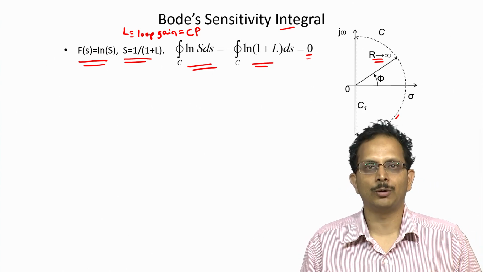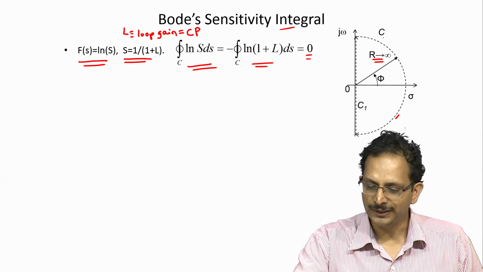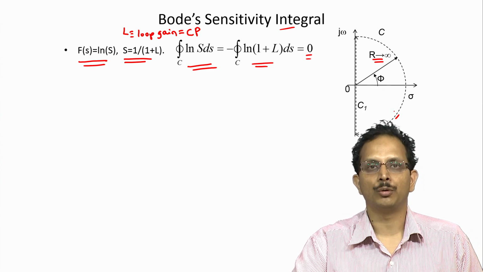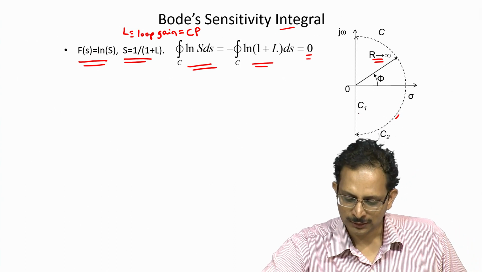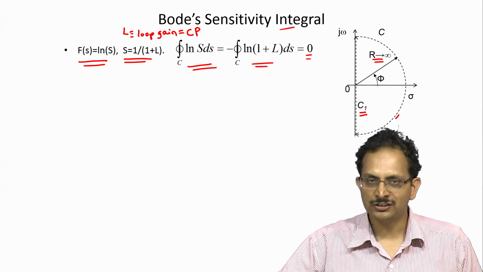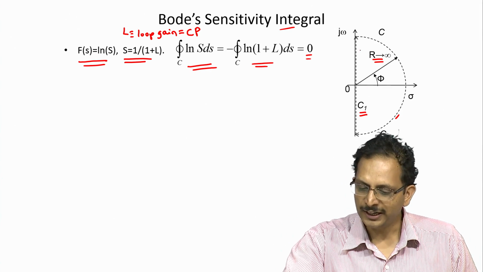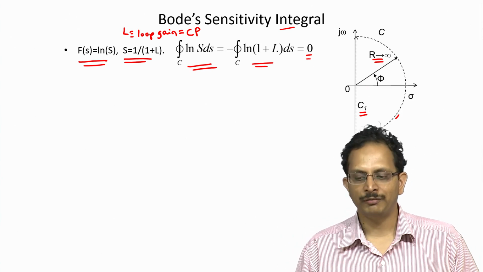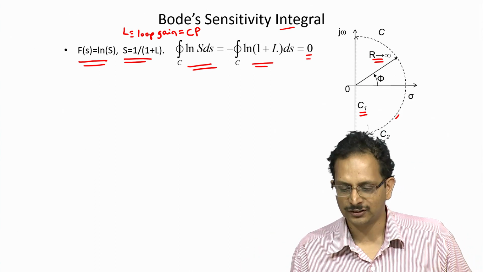is equal to 0, we can then break up the contour C, which is this entire D shaped contour, into two smaller contours. One is the part C1, which represents essentially the entire imaginary axis, and the D shaped part C2, which encompasses the entire complex plane on the right hand side.